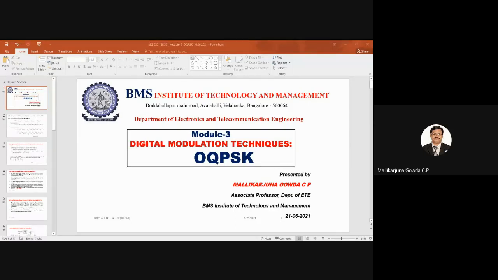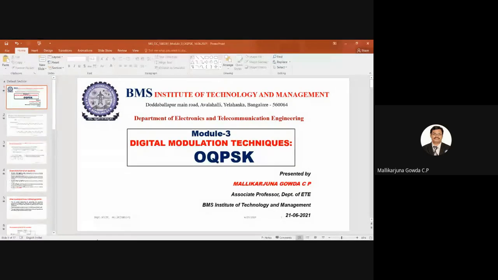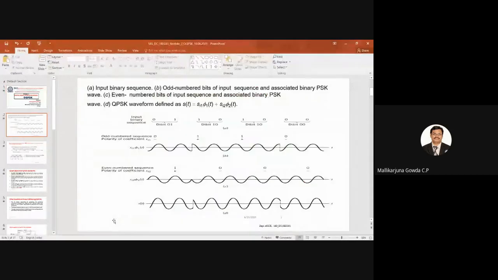So let me go from my end only. What I was saying is, whenever the dibit changes, that is from 0 1 to 1 0, what is the change in phase shift the QPSK signal is undergoing?